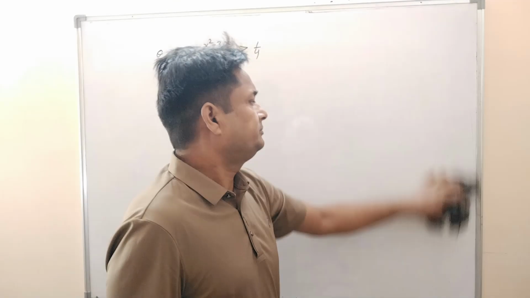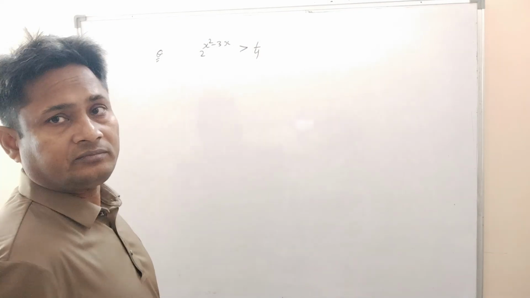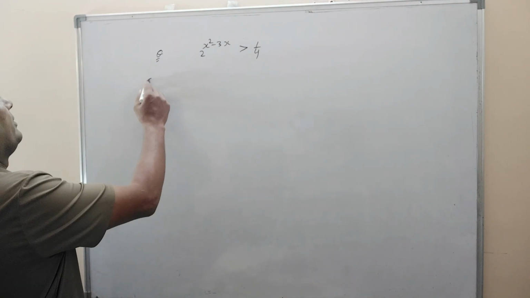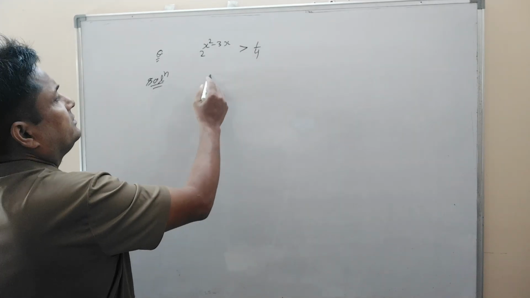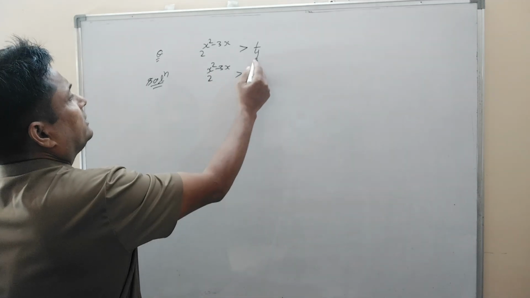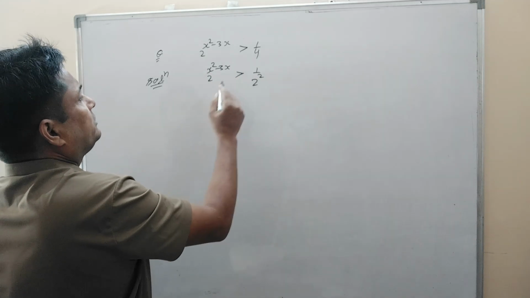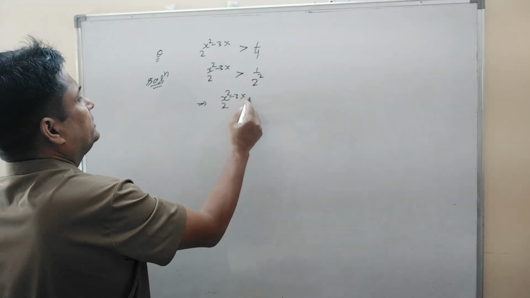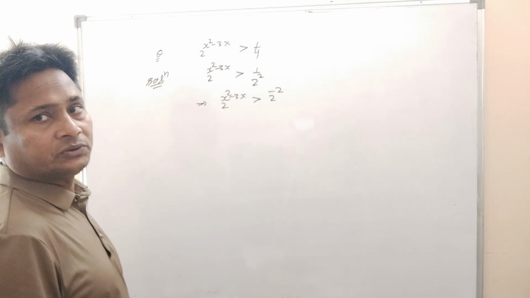Now if you have, let's say, a question of this type, then what will be the answer in this case? So you can solve this. 2 to the power x square minus 3x is greater than this. You can write 1 by 2 to the power 2, and then this can be written as 2 to the power minus 2.